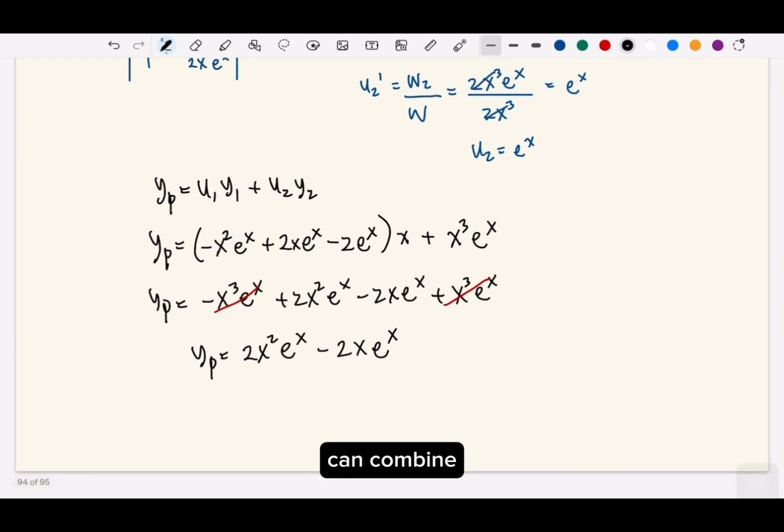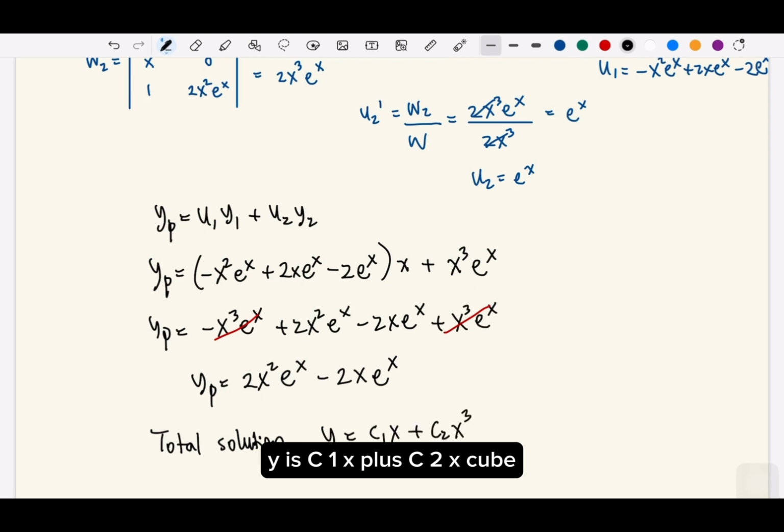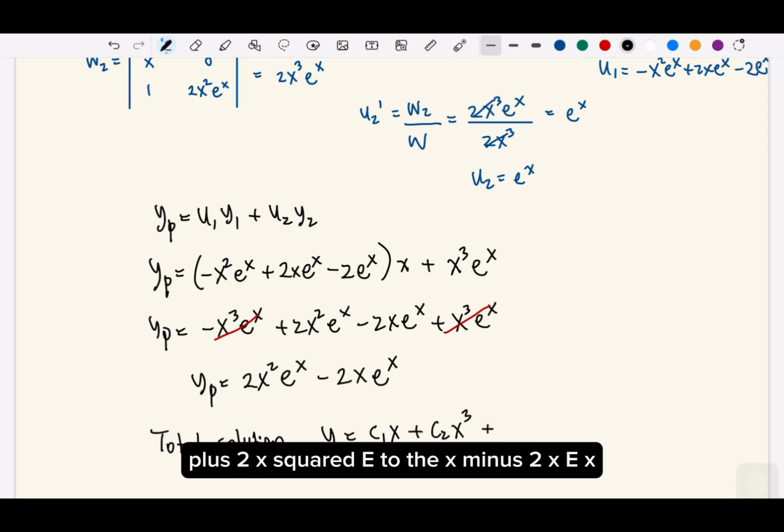We can combine the total solution. y is c1 x plus c2 x cubed plus 2x squared e to the x minus 2x e to the x.